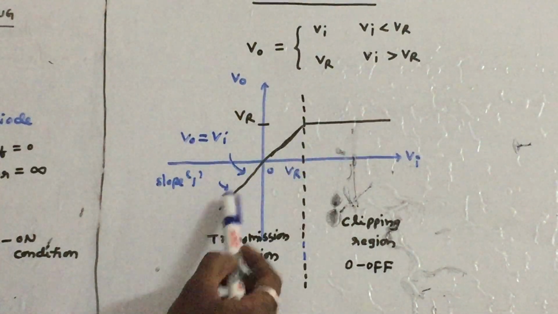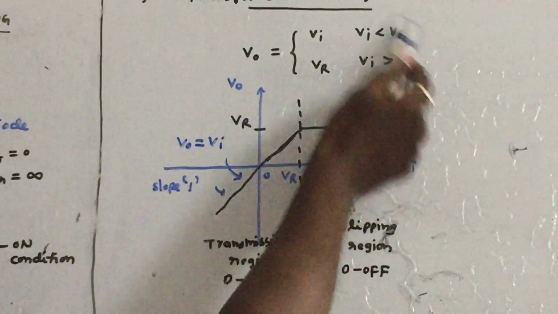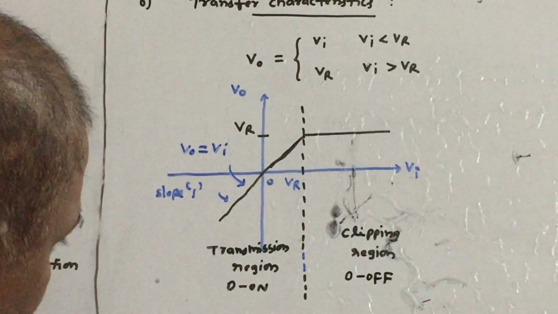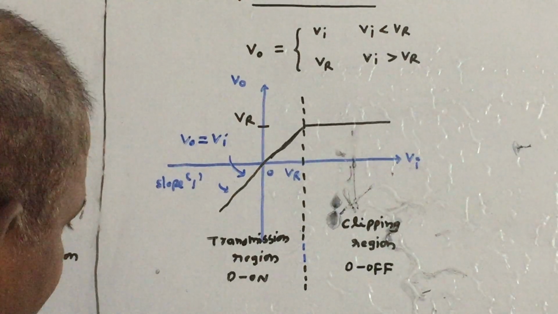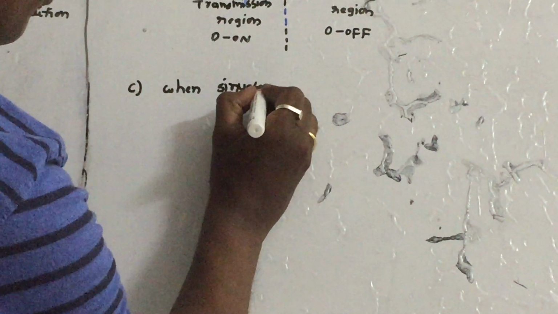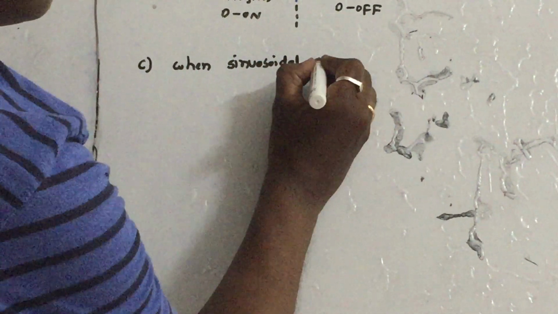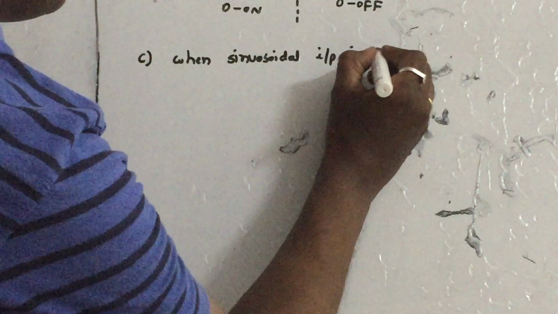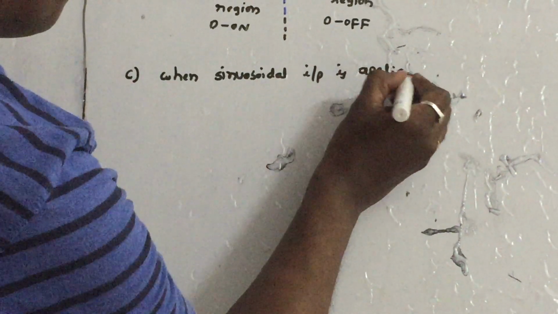I have drawn this graph based on these mathematical equations, very simple. Now the last one: when a sinusoidal input is applied to the circuit, which portion of the waveform is going to be clipped?